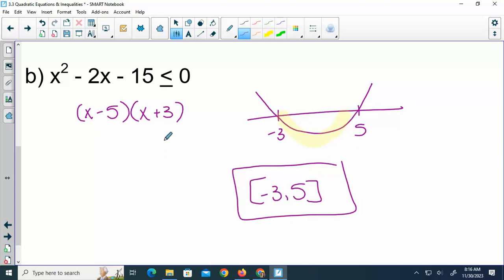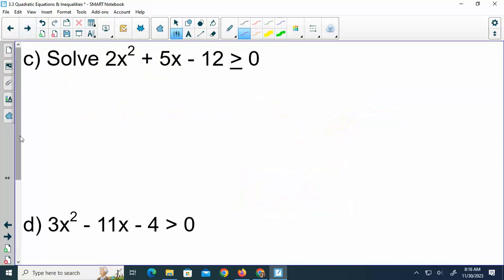Let's take a look at another one. What do we have to do here?